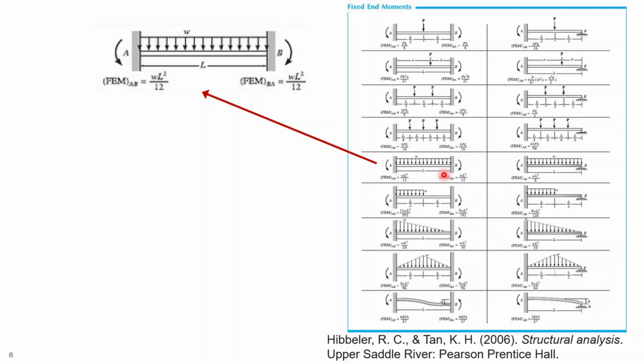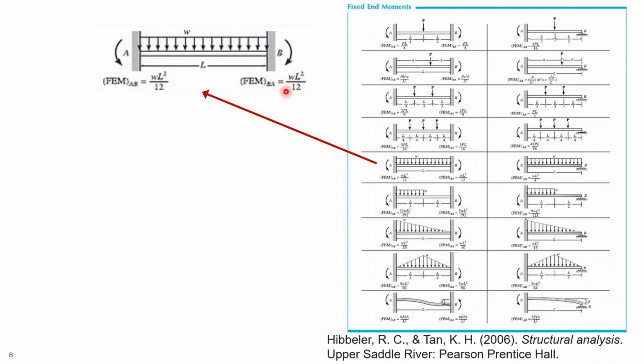Like here, if you have a uniformly distributed load on a beam with length equal to L, the left fixed moment will be omega L squared over 12, and the right hand one is this one, but they are positive, as you see.